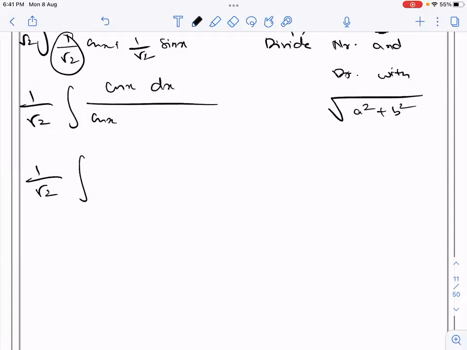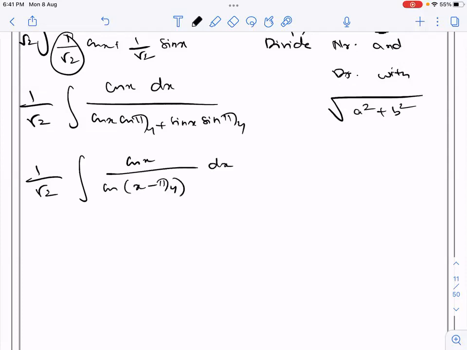Cos x cos pi by 4 plus sin x sin pi by 4. What is this thing in the denominator? Cos of x minus pi by 4. So can I write this as cos x divided by cos of x minus pi by 4 dx?